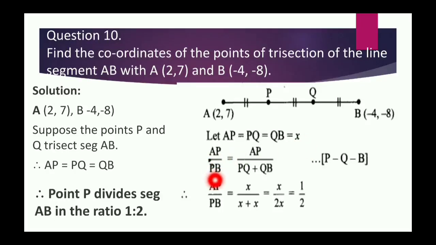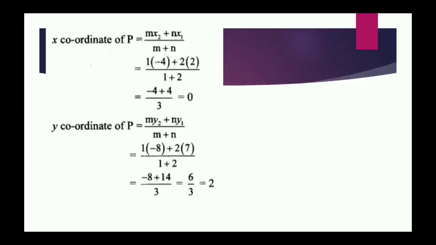AP upon PB, PB can be written as PQ plus QB. So since we know that the value of AP is x and below it is x plus x, it is equal to x upon 2x, that is equal to half. Therefore, the point P divides the segment AB in the ratio 1:2.